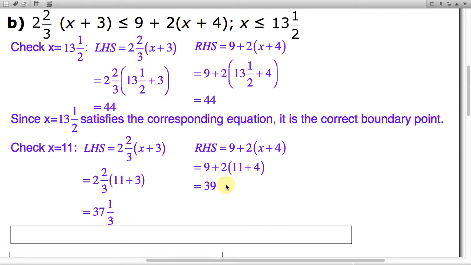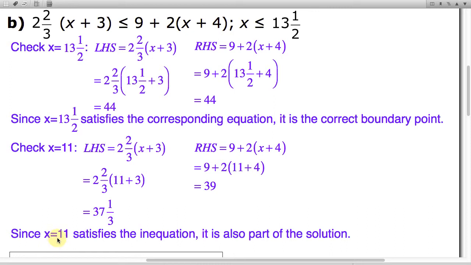Well, 37 1/3 is less than 39. So the left-hand side is less than the right-hand side, as it should be, because it should be either less than or equal to. So since x equals 11 satisfies the inequality, it is also part of the solution.